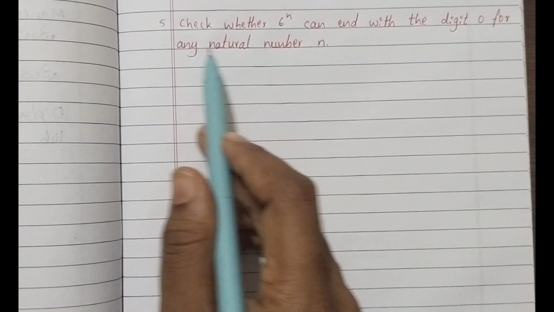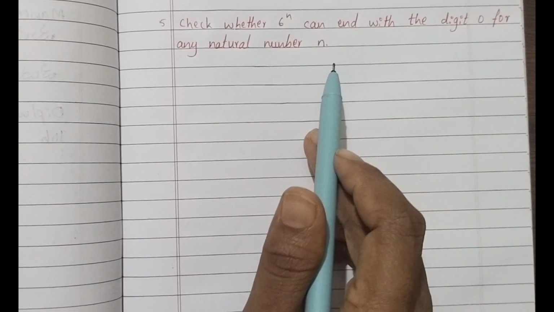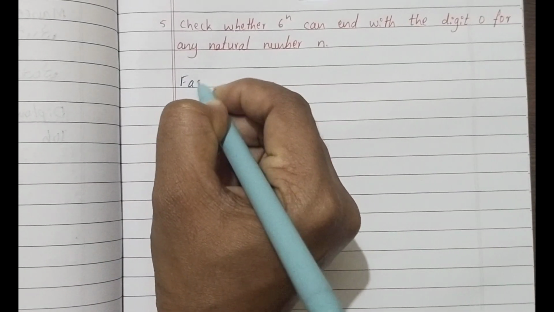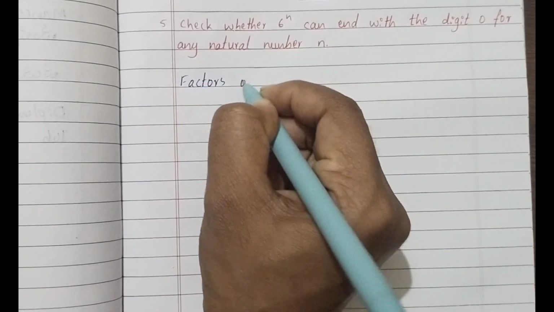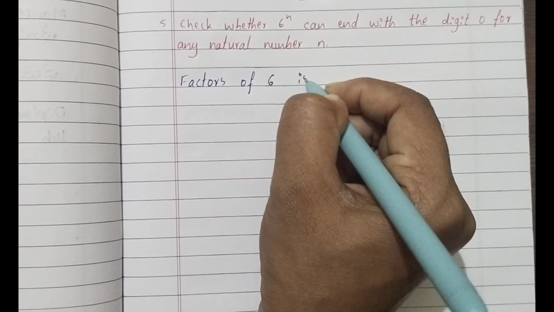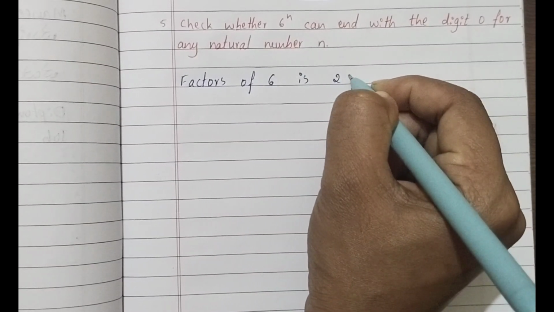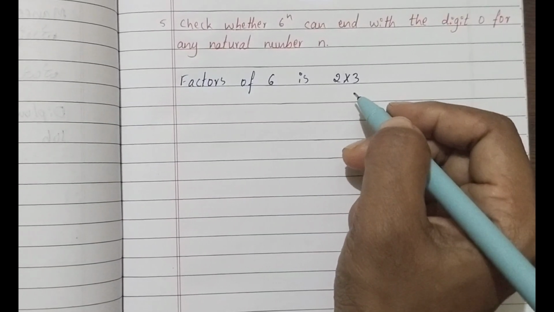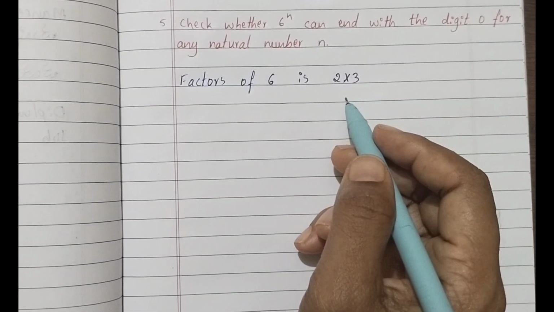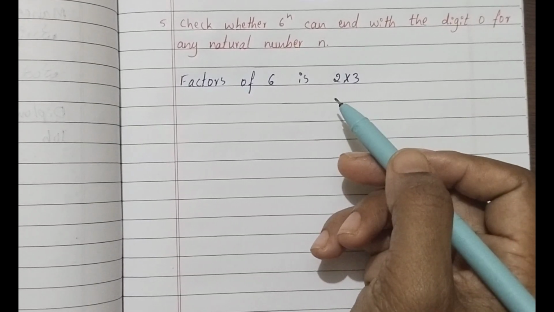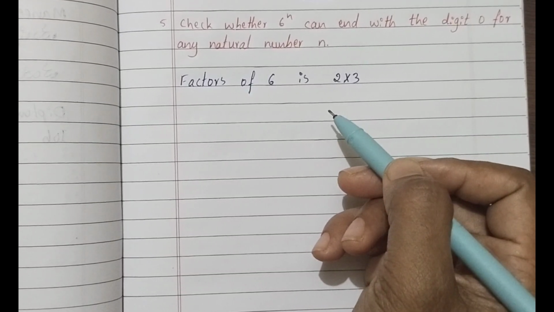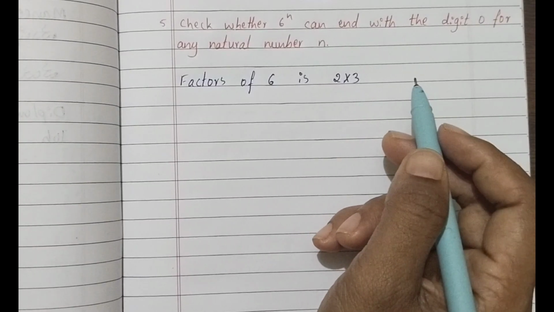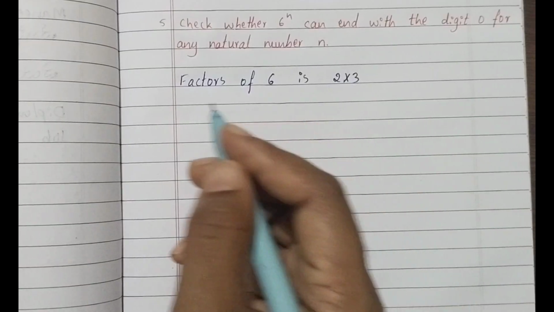Next, the fifth question: check whether 6 to the power n can end with the digit 0 for any natural number n. In this question, we have to write the factors of 6. Factors of 6 are 2 into 3. If any number is given like this, for example 6 to the power n, or 12 to the power n, we have to write the factors of that number. If 5 is in the factors of that number, then only it ends with 0.